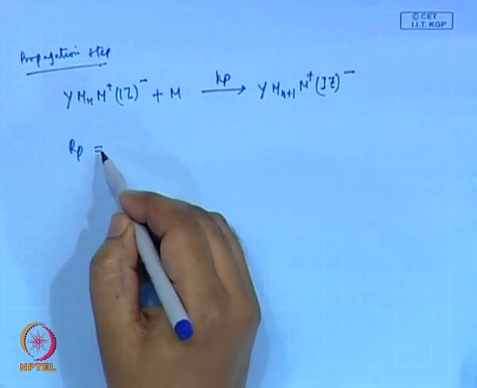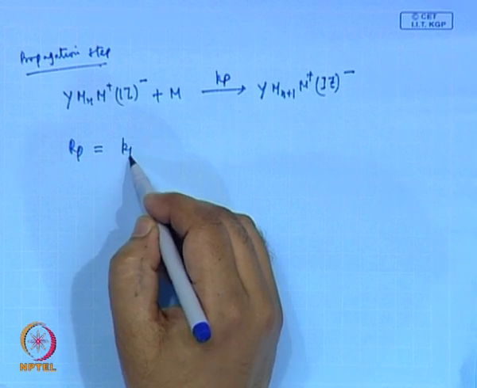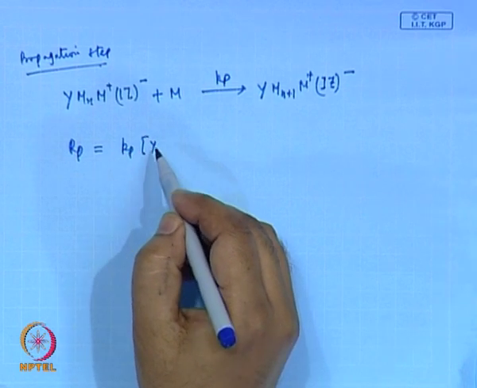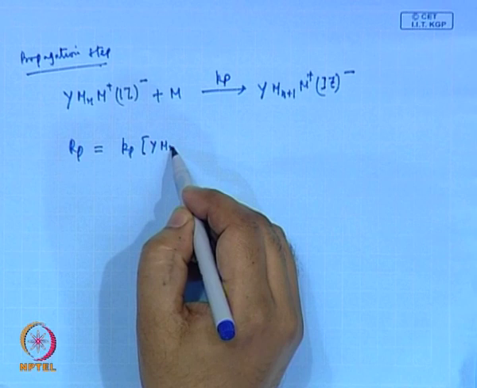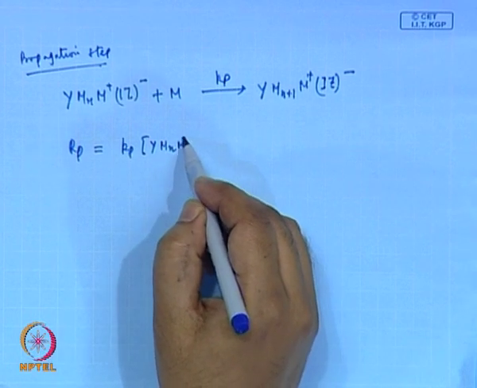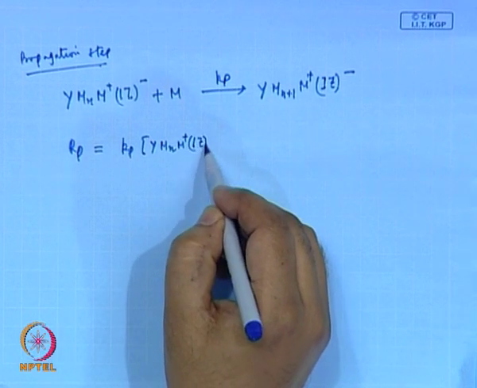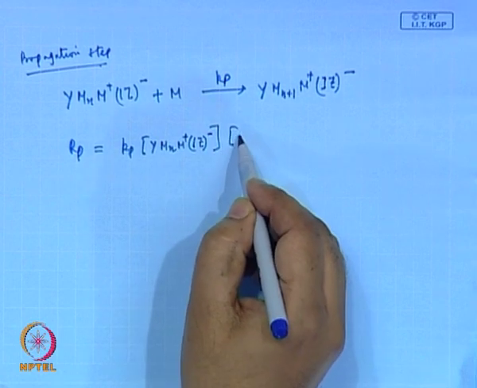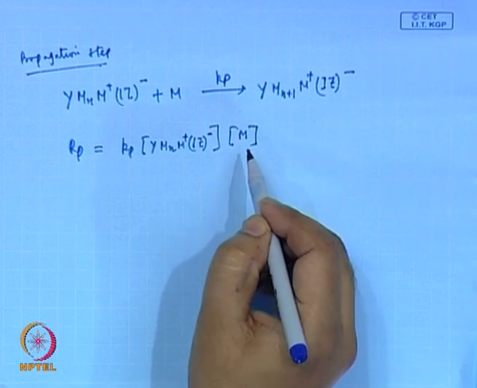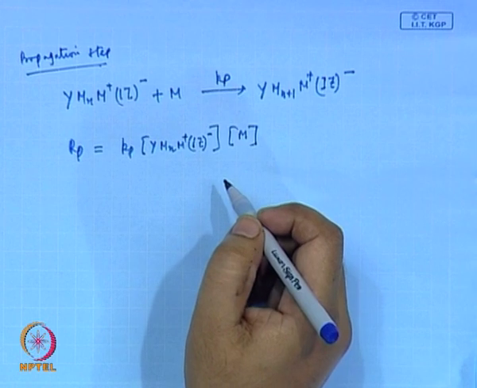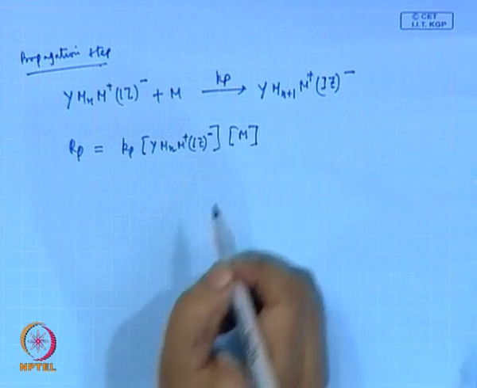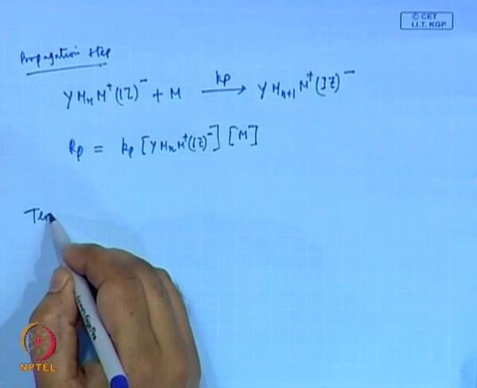So the rate of polymerization Rp is given by Kp, the concentration of the propagating species, and the monomer. Termination reaction.